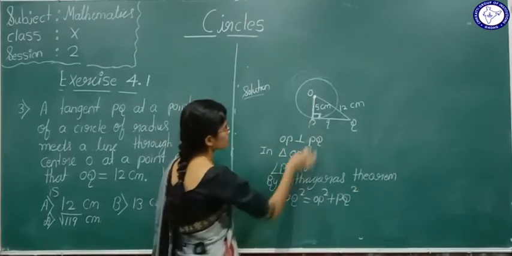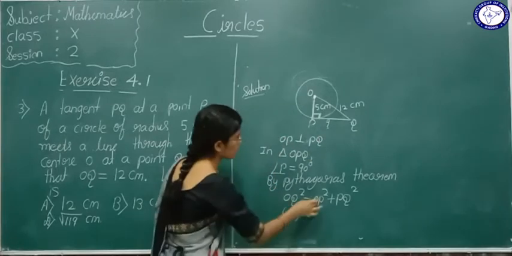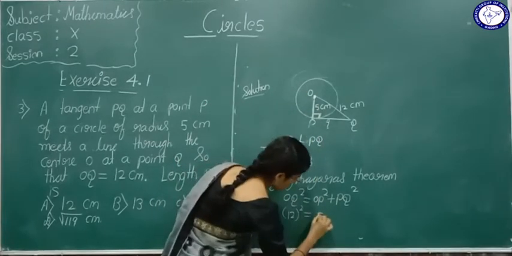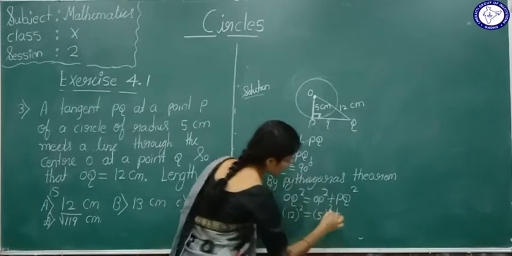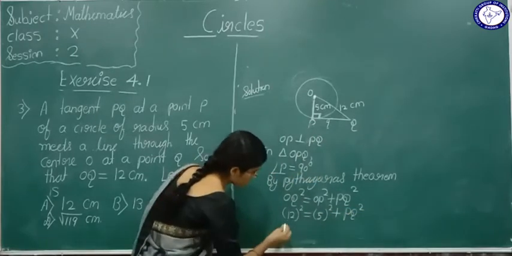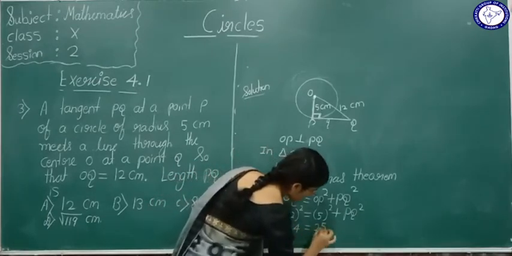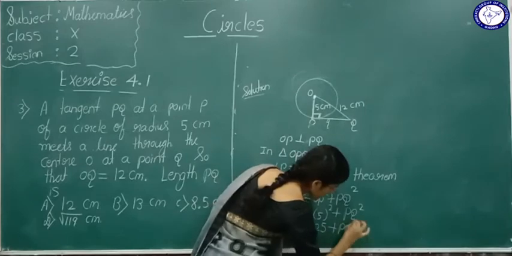What is OQ square? It is 12 square. What is OP? OP is 5. What is PQ? They told to find out PQ only. 12 12s are 144, 5 5s are 25, plus PQ square.